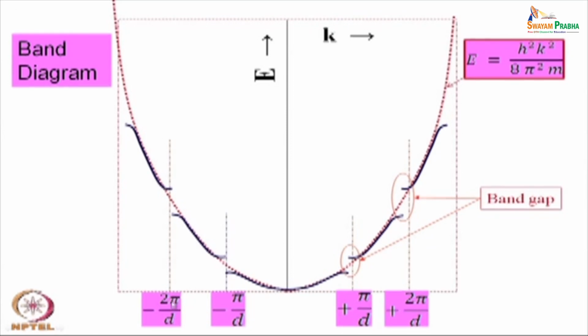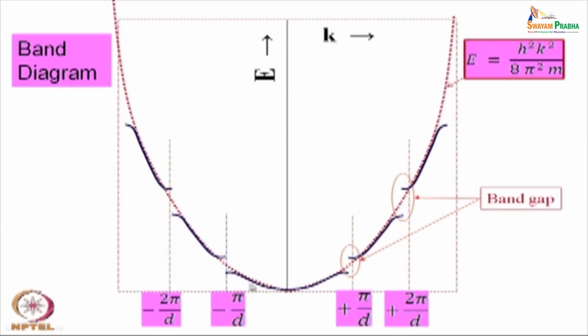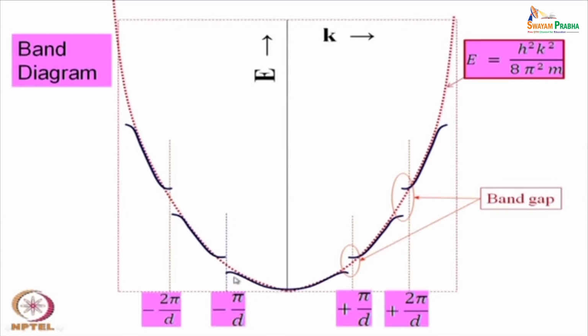At these values you have this discontinuity, and one can find through mathematical calculation that there is a slight amount of bend at those discontinuities. These are specific critical values of k where there is some discontinuity.